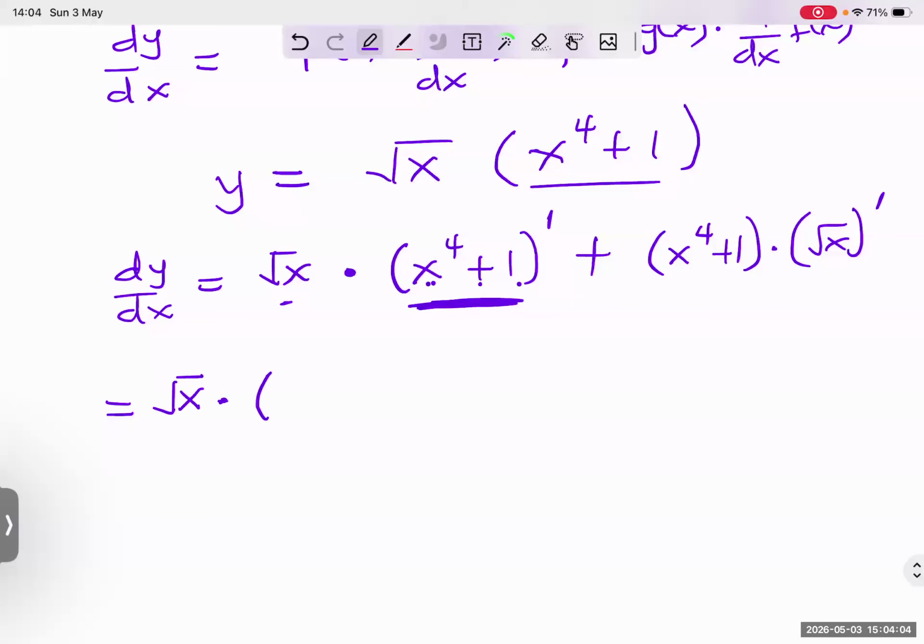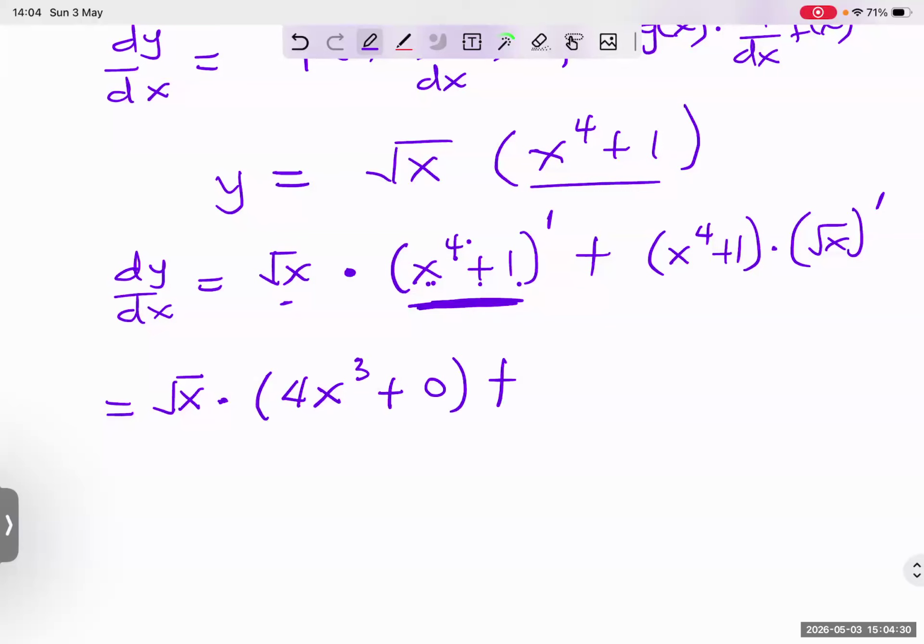In the power rule, all we have to do is multiply the power by the x, so I have 4x, subtract 1 from the power. The power is 4. If I subtract 1 from it, I'll be left with 3. So the derivative of x^4 is 4x^3. Plus, we differentiate 1. The derivative of a constant is always equal to 0.